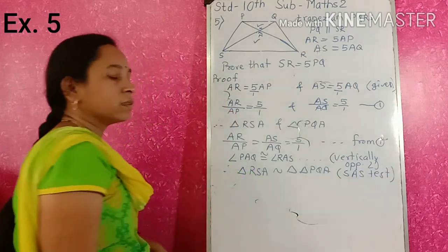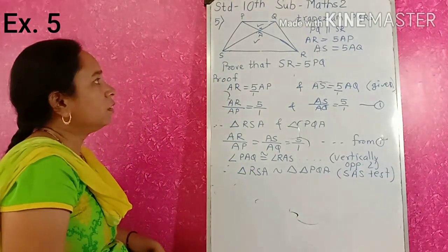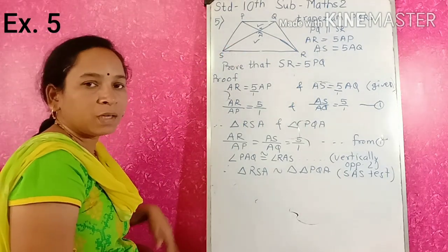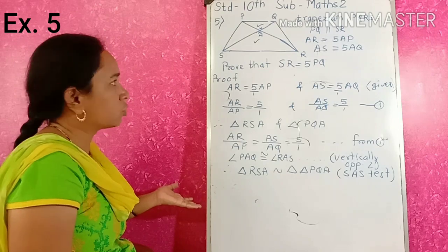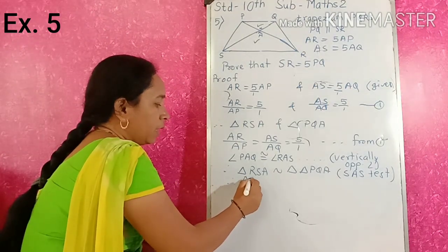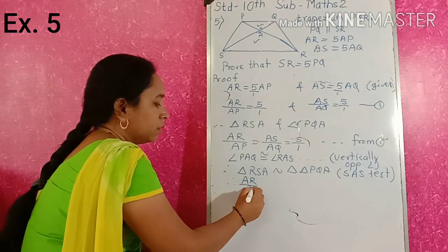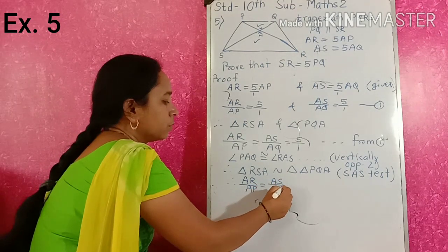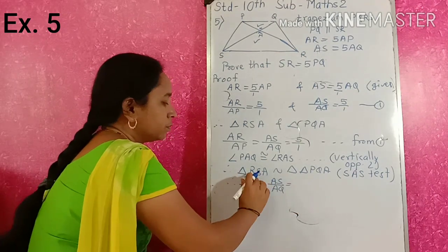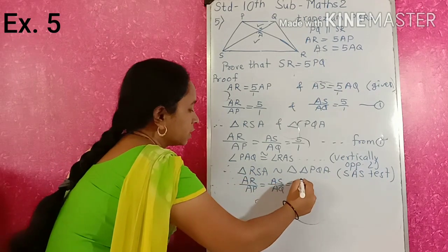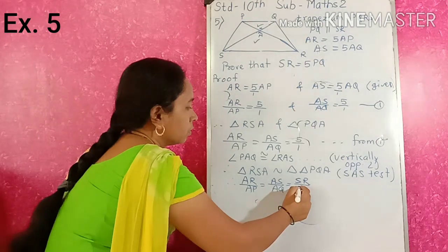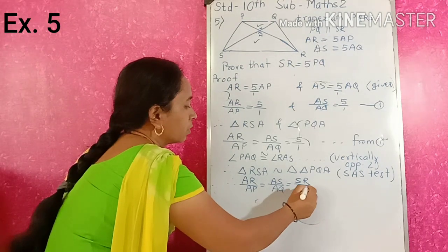If these two triangles are similar, then their corresponding sides would be in proportion. AR upon AP is equal to AS upon AQ is equal to SR upon PQ.